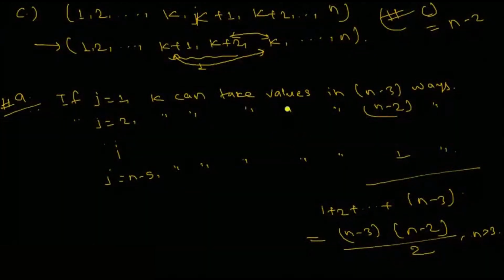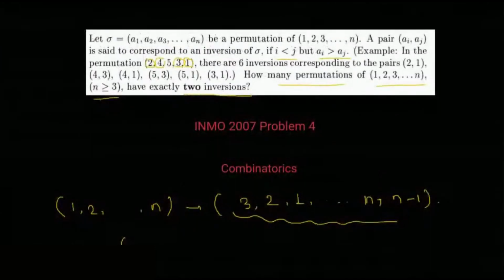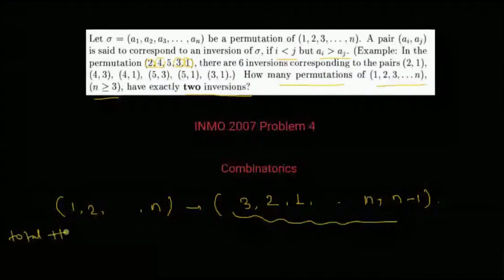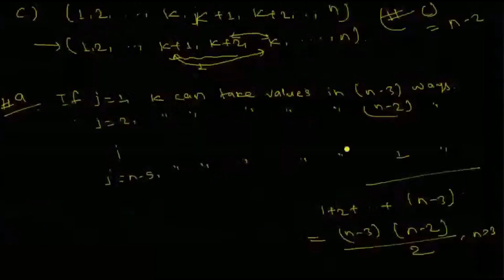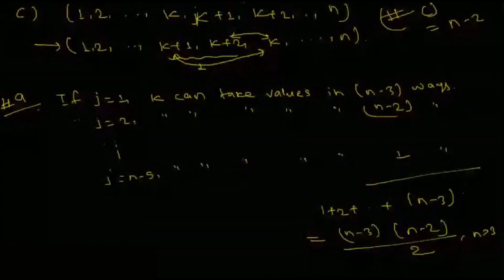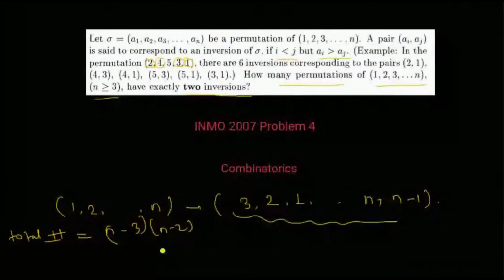Hence, the total number of ways is equal to, in the first case, this one, right? n minus 3 times n minus 2 whole divided by 2, correct? n minus 3 times n minus 2 by 2.